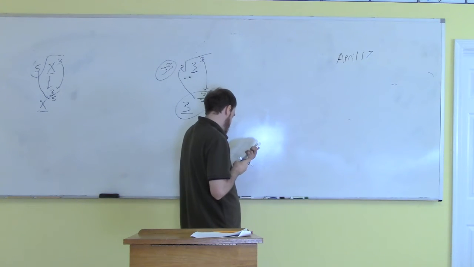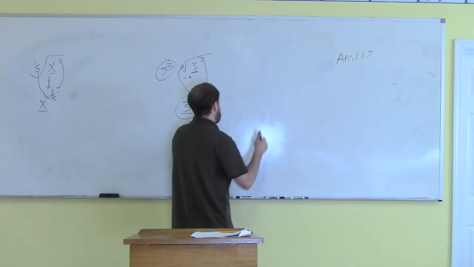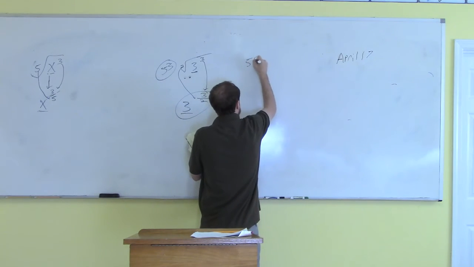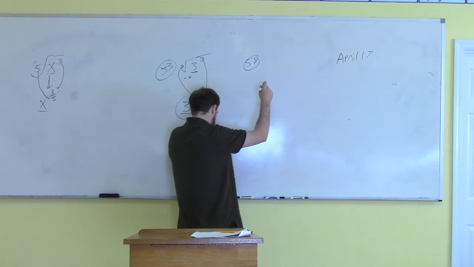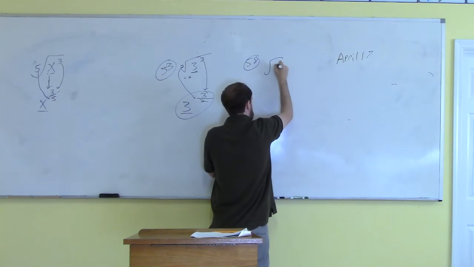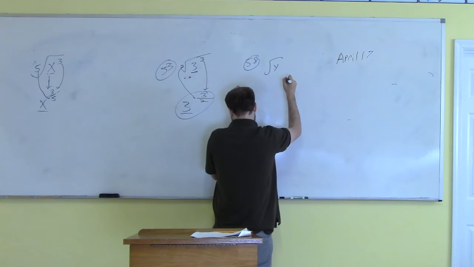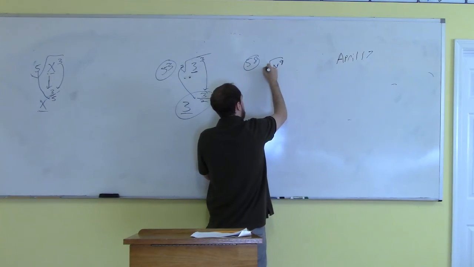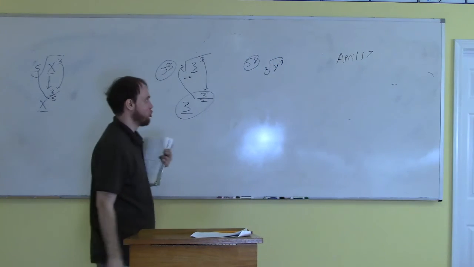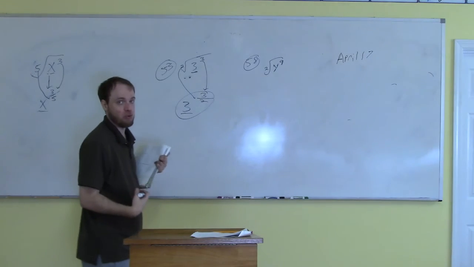Look at 58. It says the square root of y to the 9th. Again, the index is an understood 2. The first question is, what is my base?